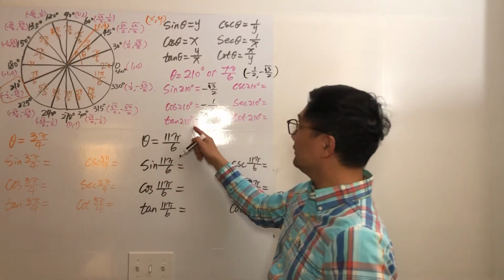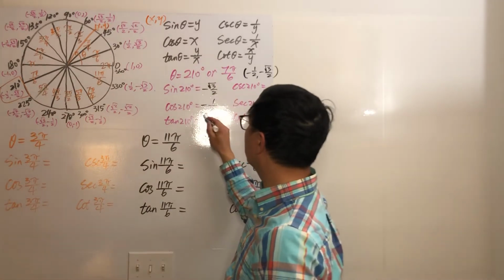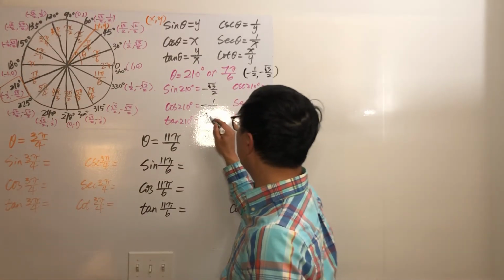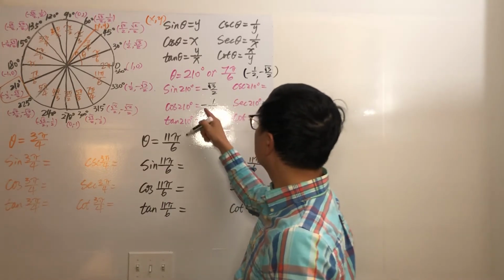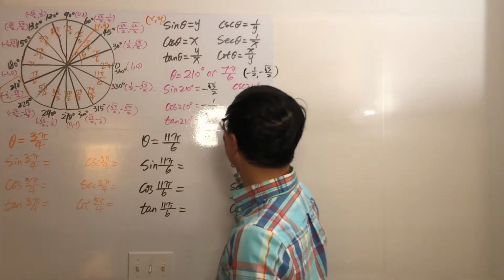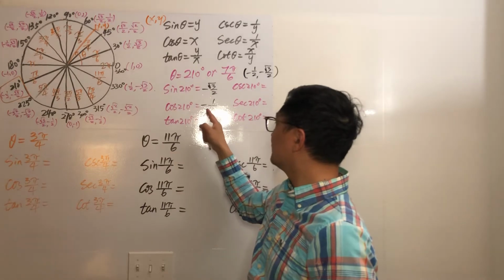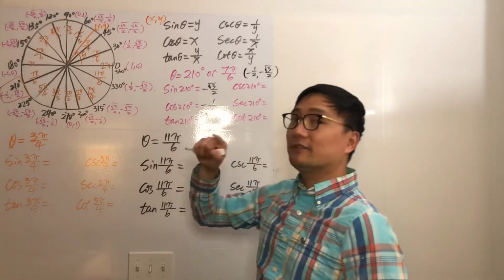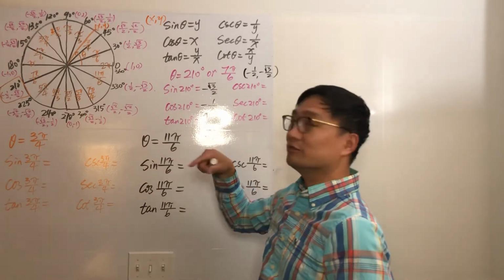So what's tangent? Tangent is y over x. Y is negative radical 3 over 2, right? X is negative 1/2. When you divide by a fraction, it is times the reciprocal. So negative changes to positive.